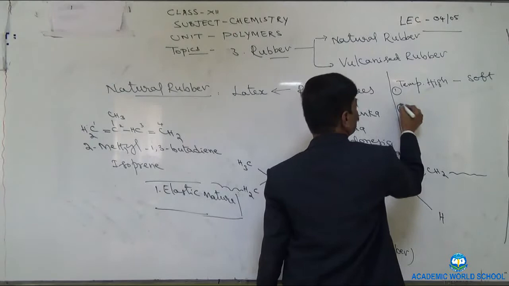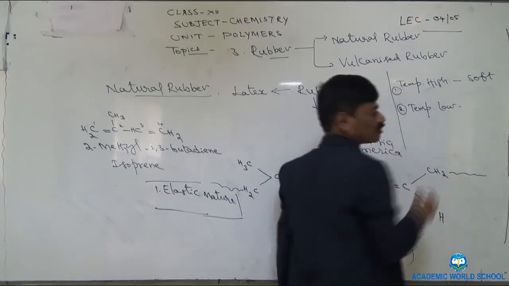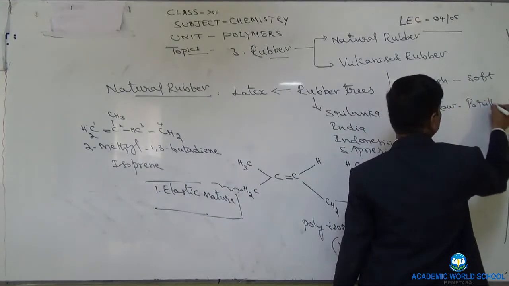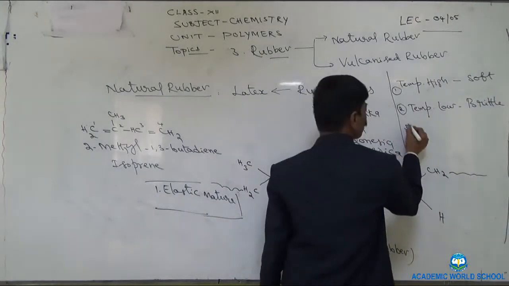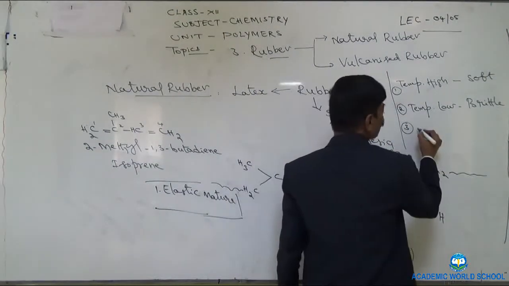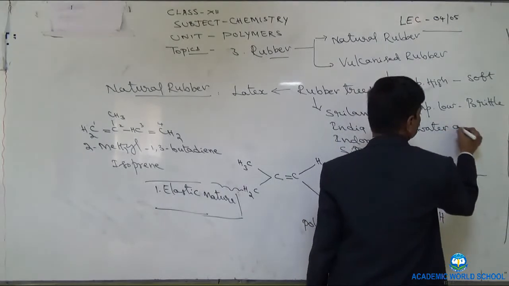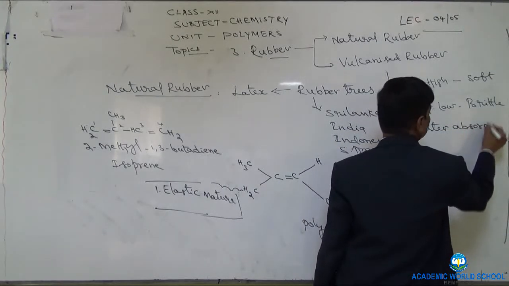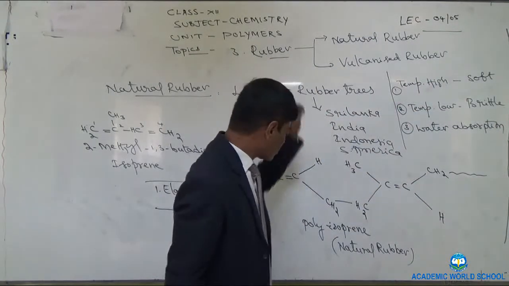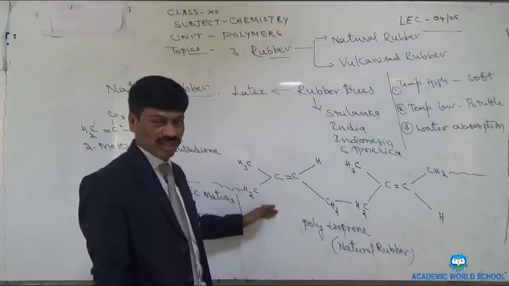Number 2, if temperature is low, then the substance becomes brittle. And moreover, it has a third property, that is water absorption property. These are the three important physical properties this polyisoprene or natural rubber will have.